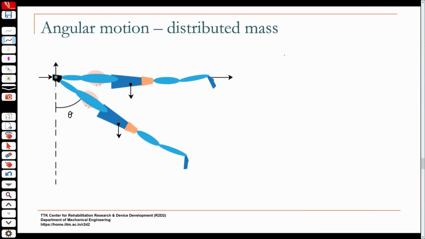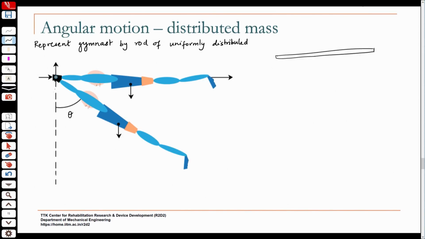In this case, let us say that you can represent the gymnast by a rod of uniformly distributed mass m, and let us say the length is 2L.